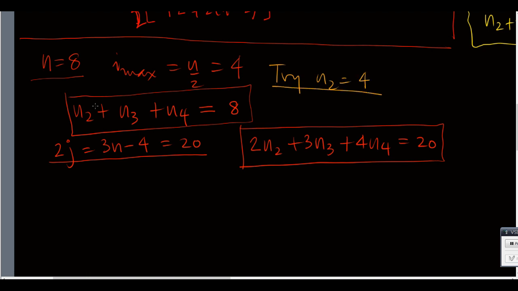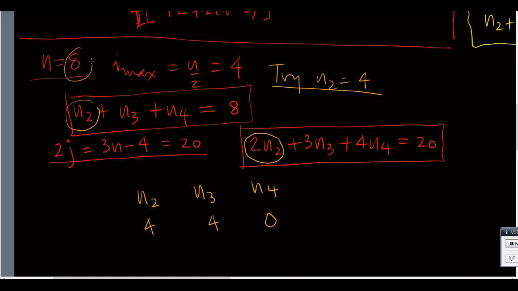When we put 4 here and here, we get two equations for n3 and n4, and we can solve them. If we put n2 is 4, we get n3 is 4 and n4 is 0. 8 links.